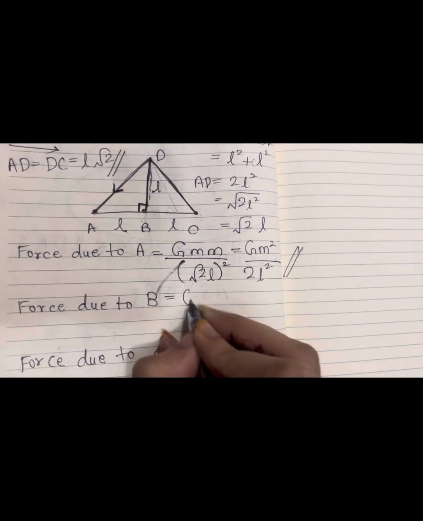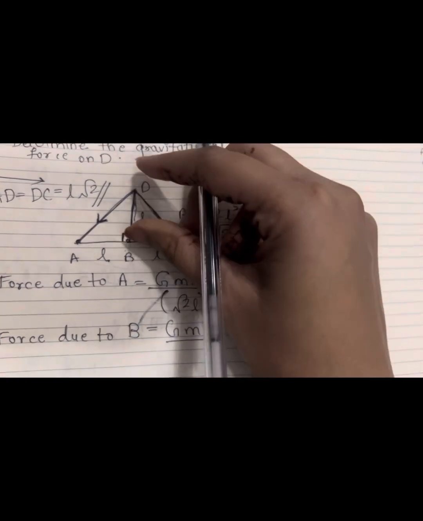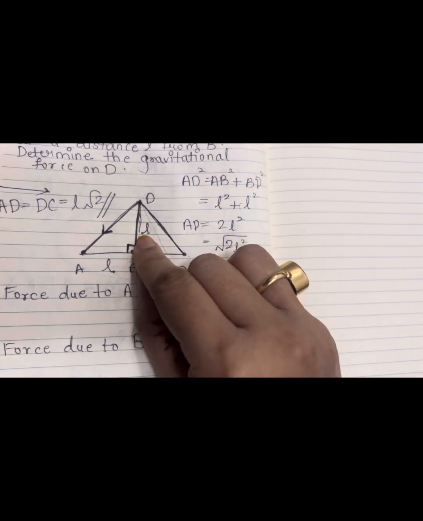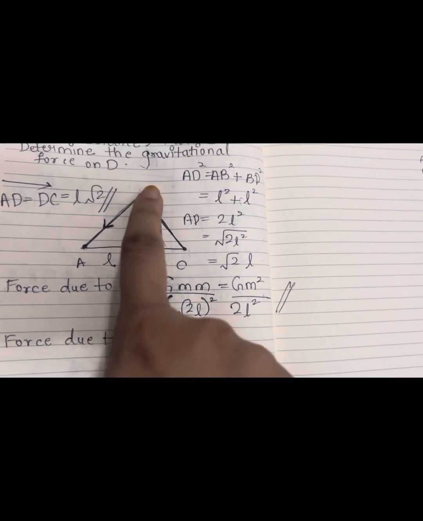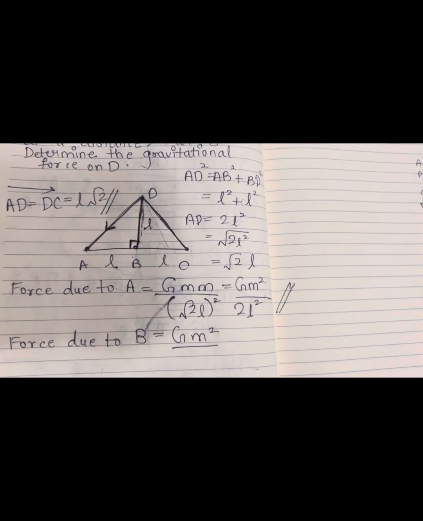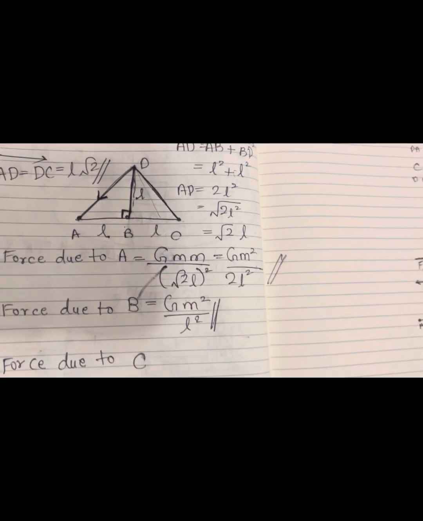Same, Gm square. Now the force due to B. In this case, the distance is L. So the masses of both particles, B and D, give m square, and the square of the distance, that is L, gives L square.